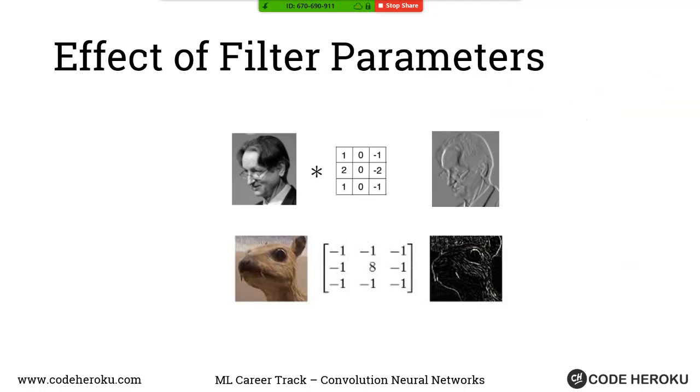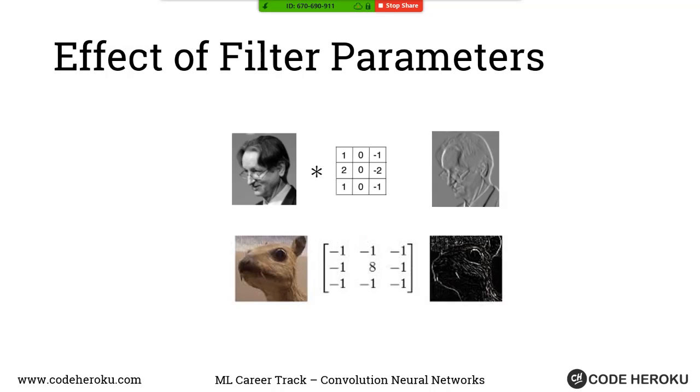And here are some different parameters that you could have used in this filter, and you get different kinds of results, right? So if you have an input image like this, you convolve it with a filter like this one, you'll get some edge detection like this. If you convolve it with a filter like this one, you get a different edge detector, right? So the debate before was, what kind of numbers should we use over there?